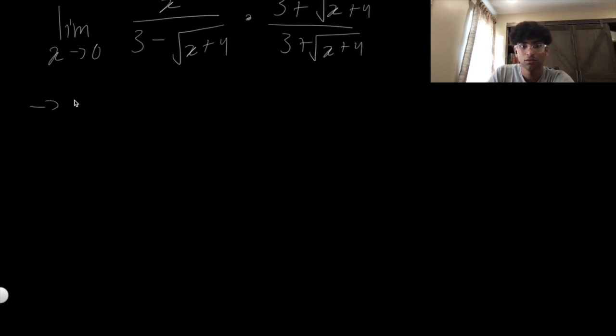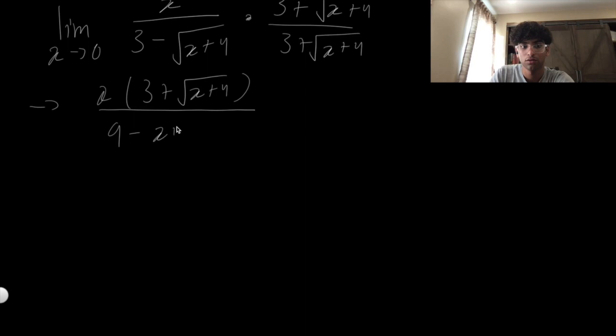So this just becomes x times 3 plus the square root of x plus 4 over 9 minus x plus 4. This simplifies to x times 3 plus the square root of x plus 4 over 5 minus x.